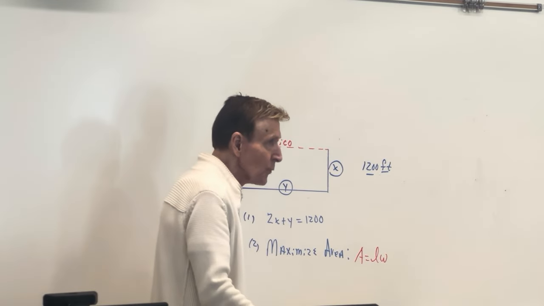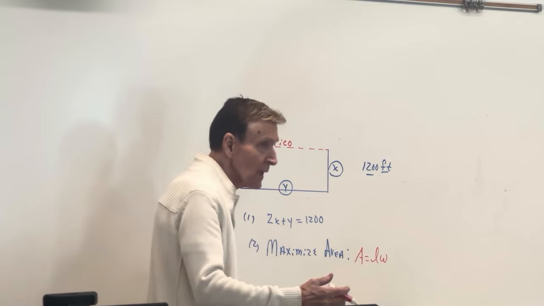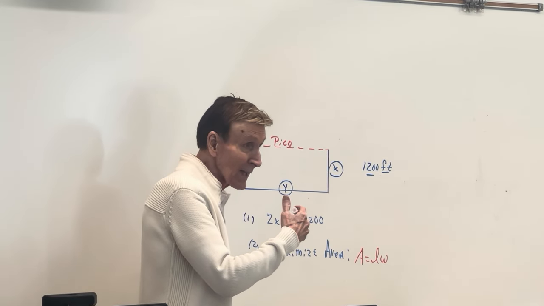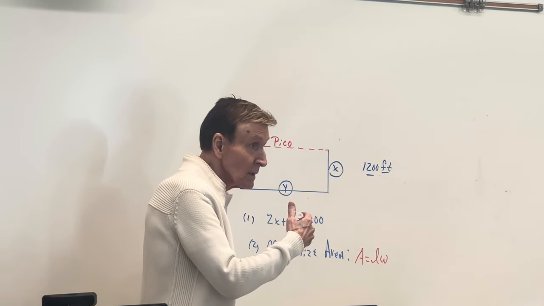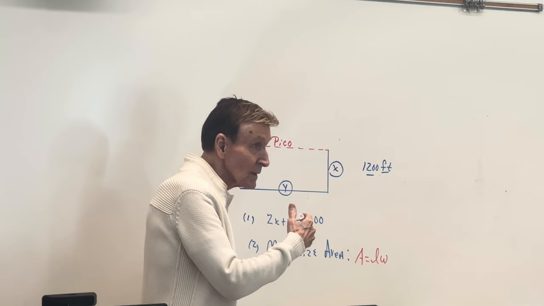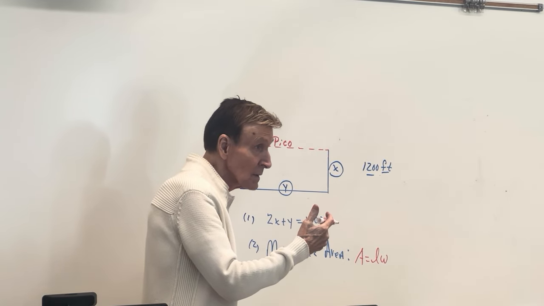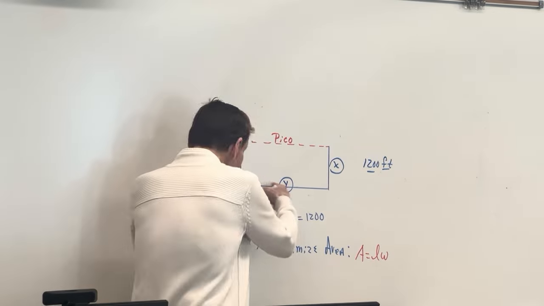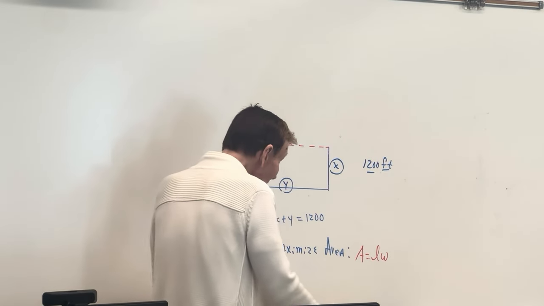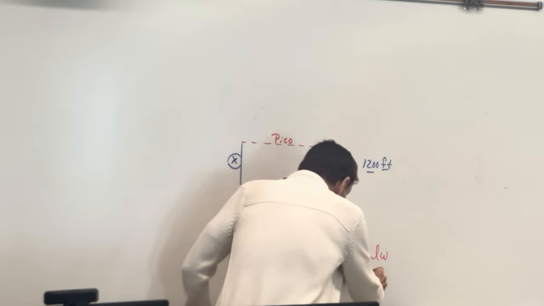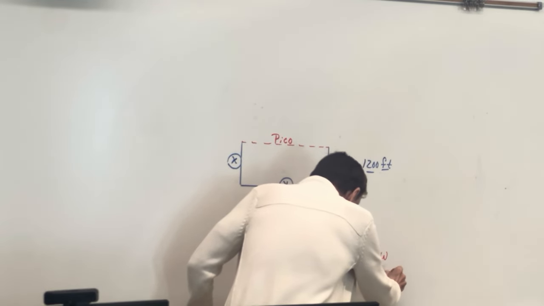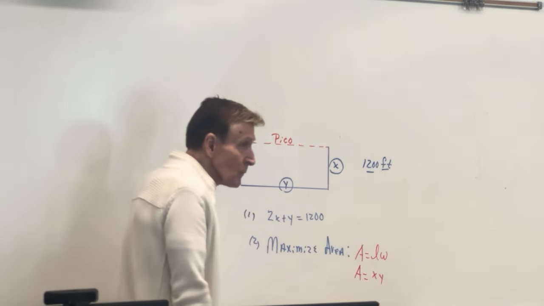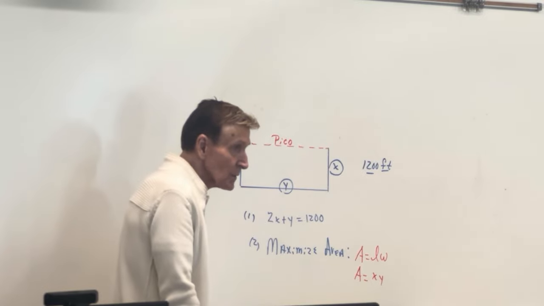This is the standard formula for the area of a rectangle. What would length times width, the way I have mine labeled, look like here? X times Y, or Y times X, you can turn it around.